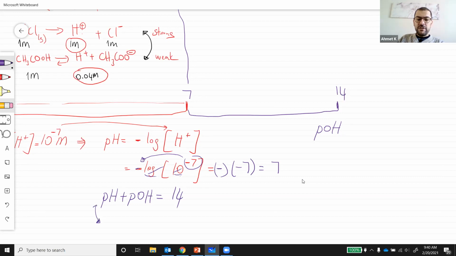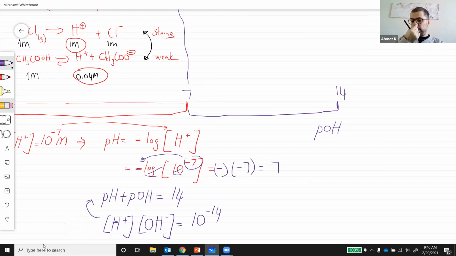This is actually derived from the fact that whenever you have the hydrogen concentration times the OH concentration, it's always 10 to the negative 14. And whenever you take the log of both sides, that's where pH plus pOH is 14. But you don't have to worry about how we are deriving these formulas.